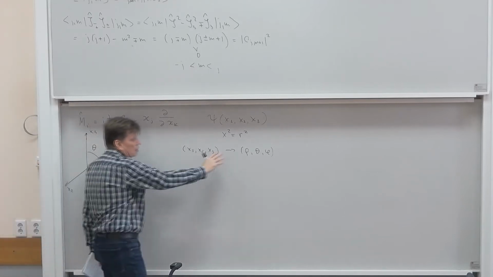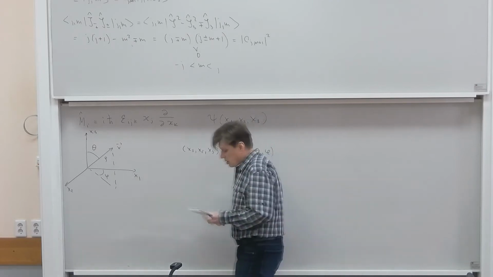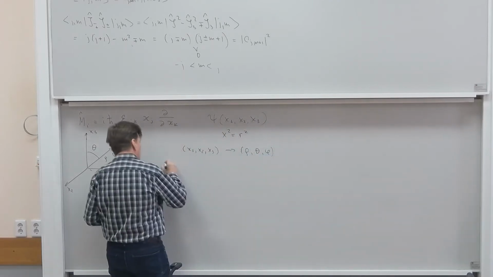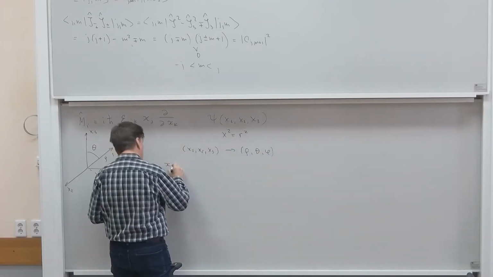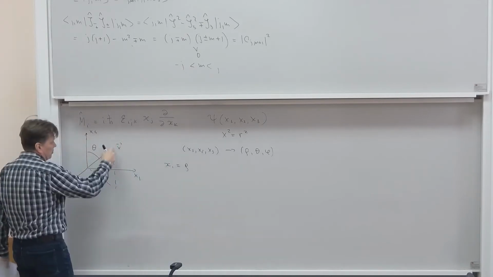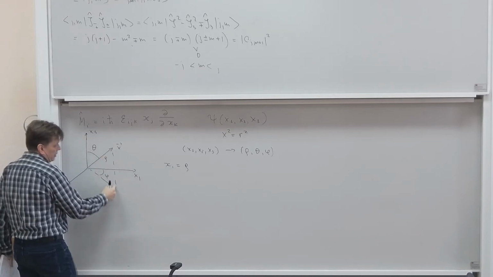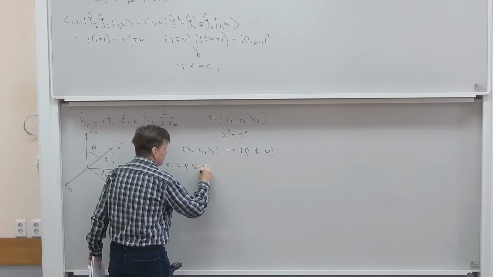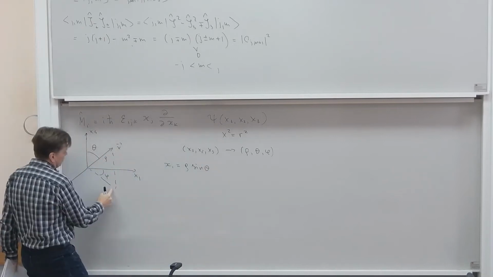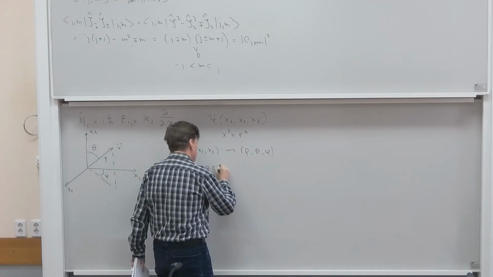These coordinate systems are related to each other by the standard formulas. Let me remind them to you. X1 is given by rho sine theta cosine phi.